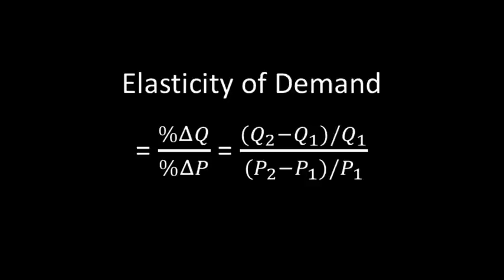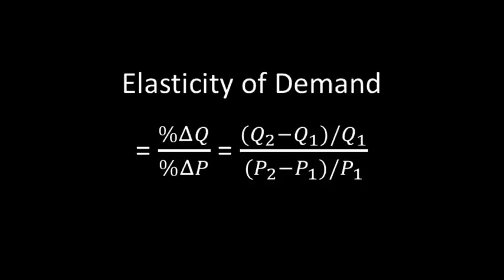The numerator is going to be enormous, and so the whole ratio is going to kind of explode to infinity. And that's why a perfectly elastic demand is going to have an elasticity of negative infinity. On the other end of the spectrum, if you have a demand that is perfectly inelastic, that's another way of saying consumers are not sensitive to the price, then the elasticity of demand is going to be 0.